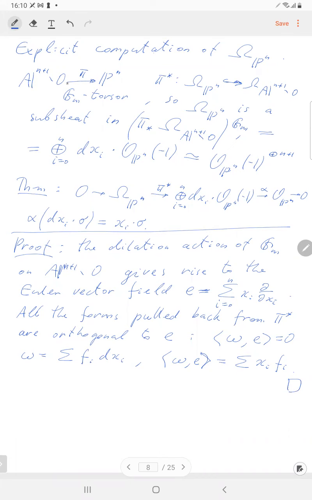Let me formulate one last corollary of this. I can consider the canonical line bundle. By definition, this is small omega Pn, the top exterior power, namely the nth exterior power of the Kähler differentials.